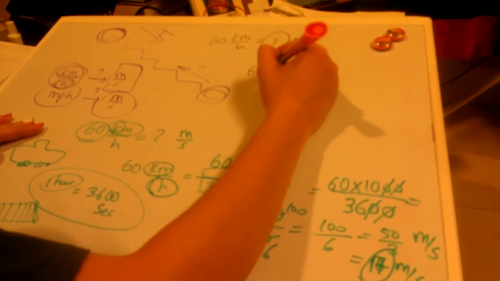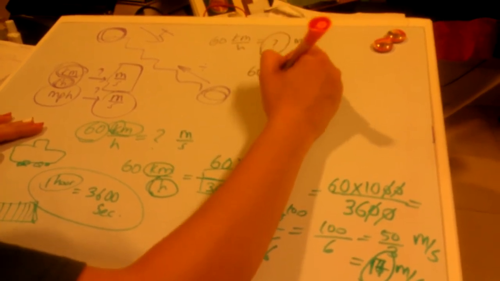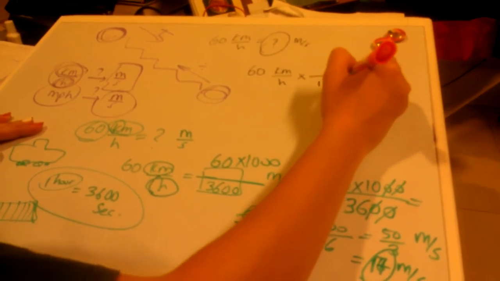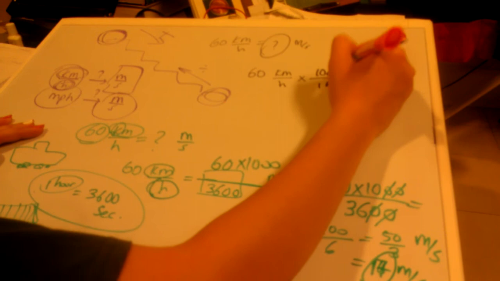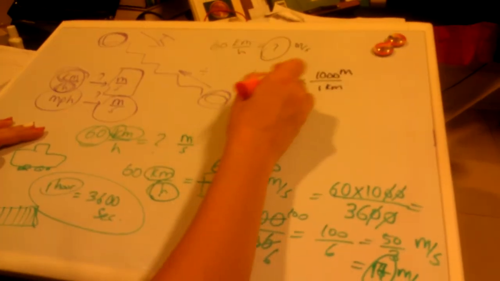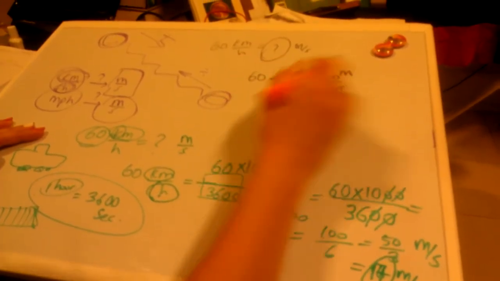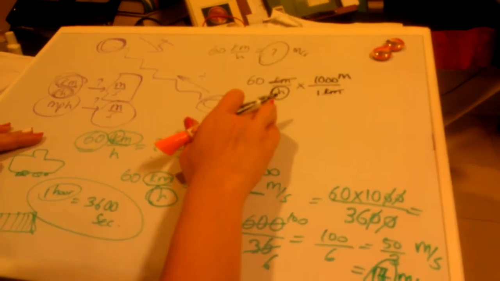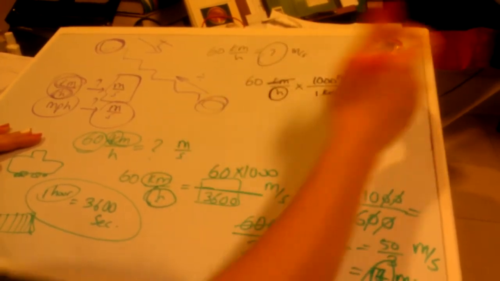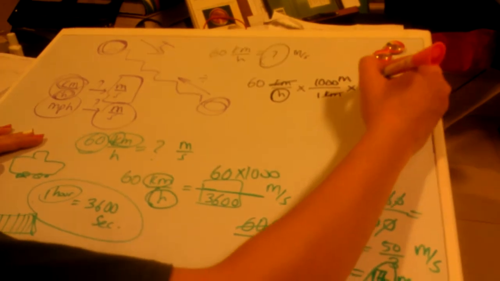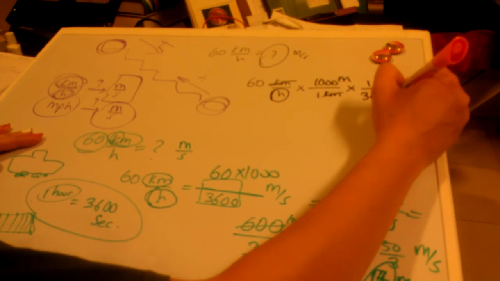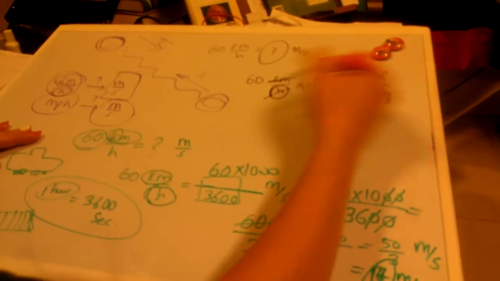Some people go 60 kilometers an hour, then in 1 kilometer, there is 1,000 meters, so that the kilometers cancel out. See? So 1,000 meters, and then in order for them to take care of the hours, they say in 1 hour, there is 3,600 seconds, so that the hours cancel out, see?